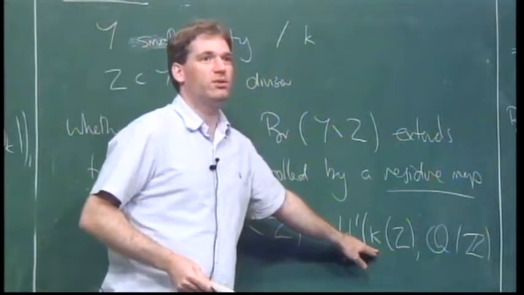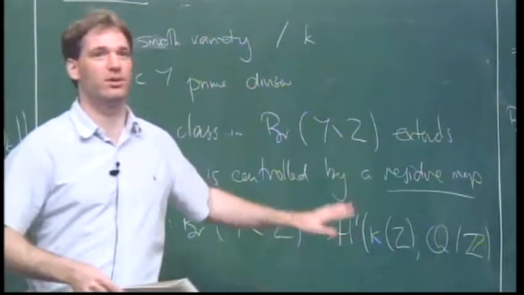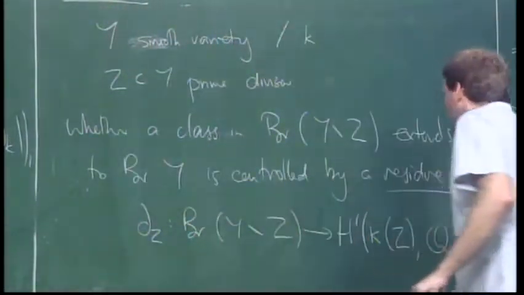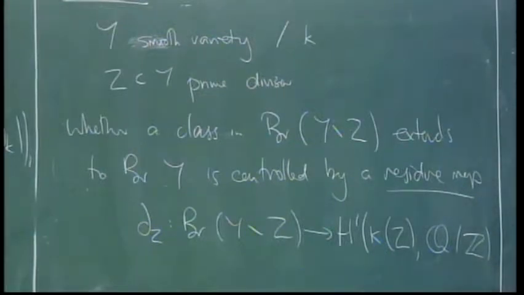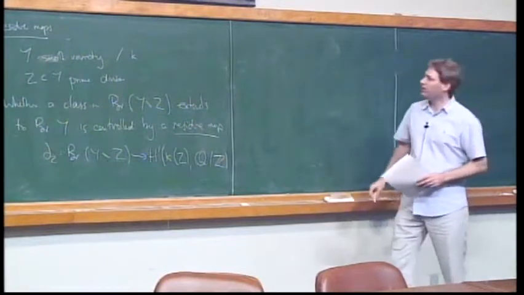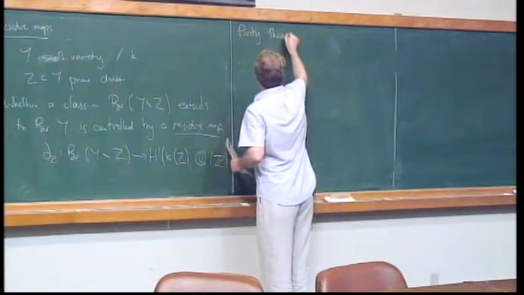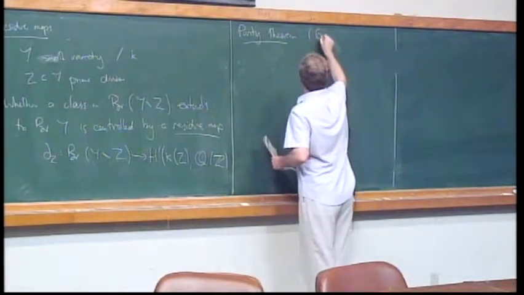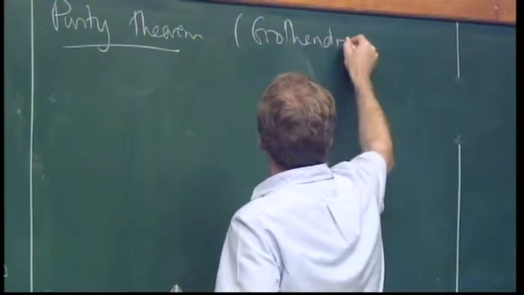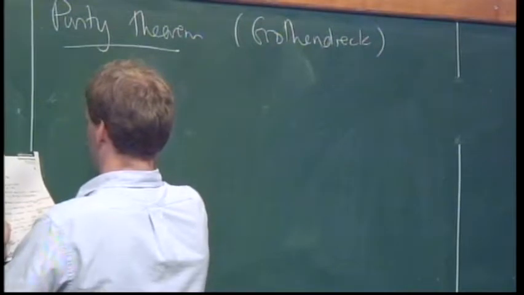If Z, for example, is regular, it actually lands in H1 of Z with values in Q mod Z. But we don't want to assume that, so let's just say that. And given this, there is then a purity theorem proved by Grothendieck for the Brauer group.